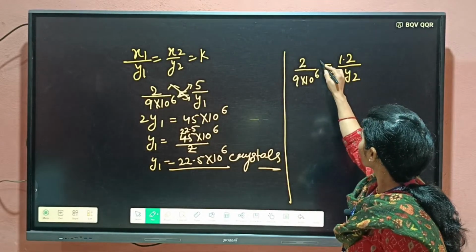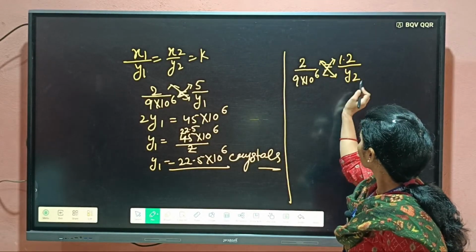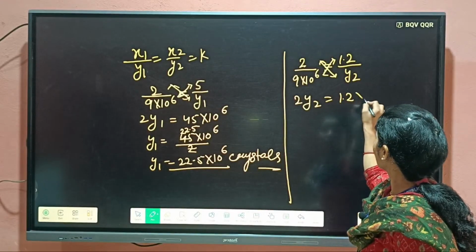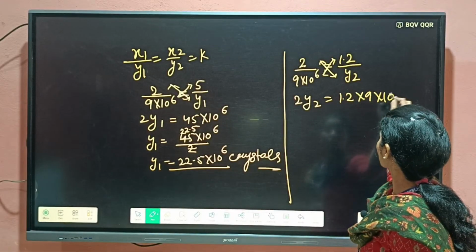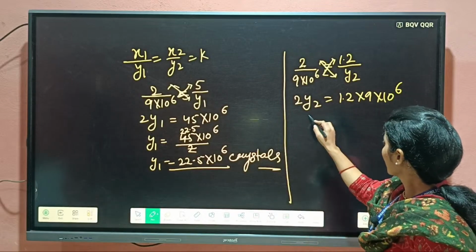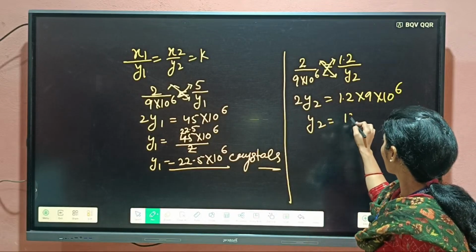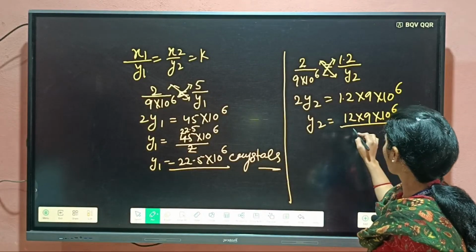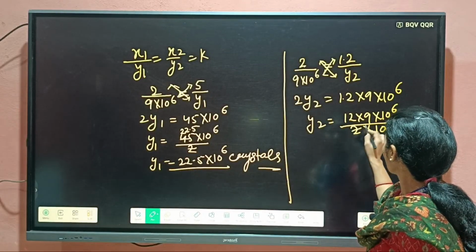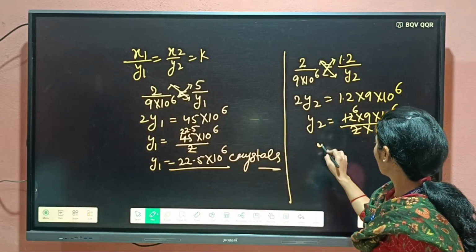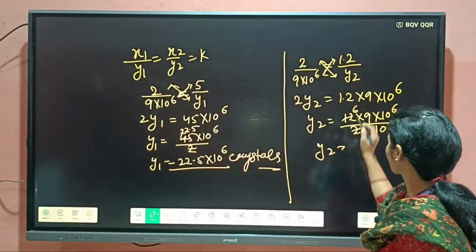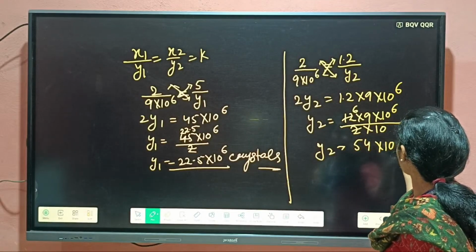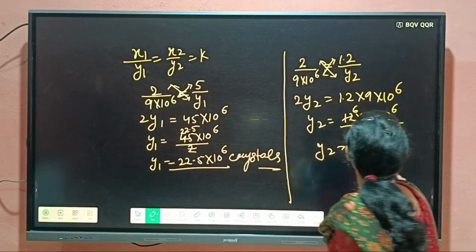Using cross multiplication, it will be 2 times y2 equals 1.2 into 9 into 10 raised to power 6. y2 equals 12 into 9 into 10 raised to power 6 by 2 into 10. 2 sixes are 12. y2 is equal to 6 nines are 54 into 10 raised to power 5.